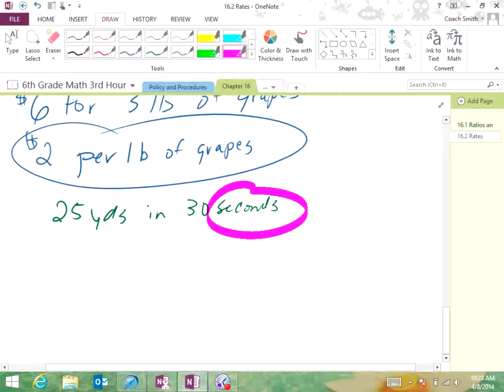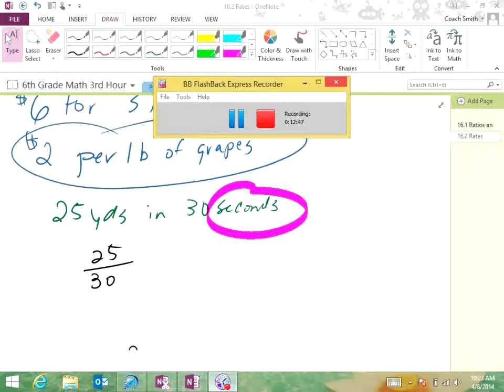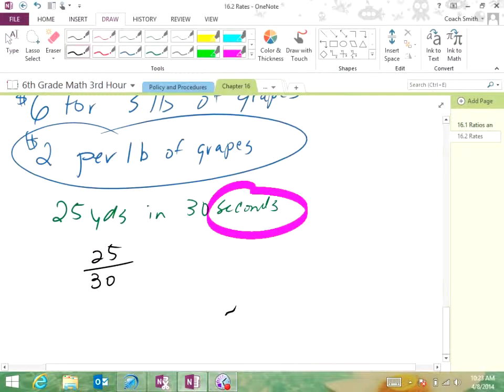So you're going to do the same thing, but now you're going to get a fraction. There's your fraction, 25 over 30, and I'm going to reduce that. What can you reduce it to? 5 over 6.